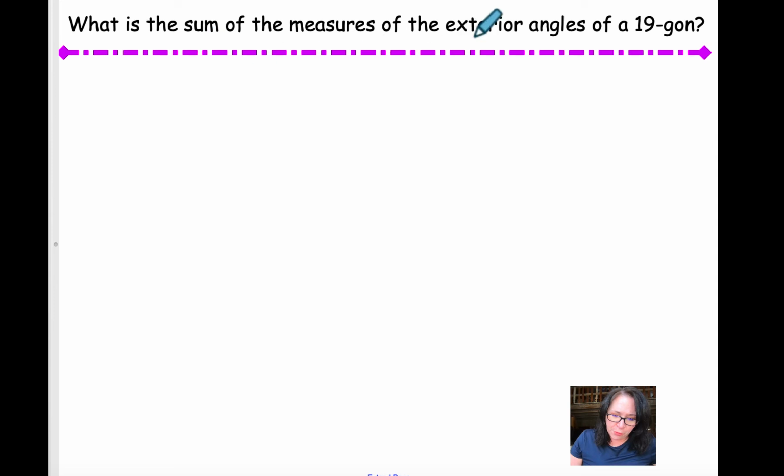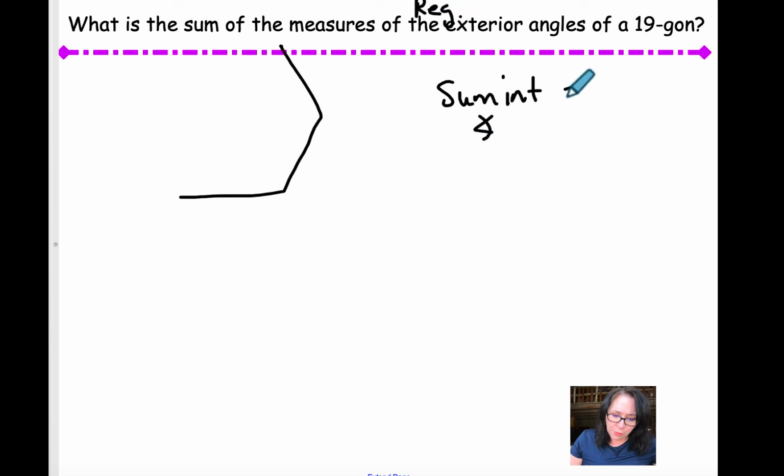What is the sum of the measures of the exterior angles of a 19-gon? Again, you can use the formula to find the sum of the interior angles of a regular polygon. And this has to be a regular, by the way. The sum of the interior angles is 180 times n minus 2.